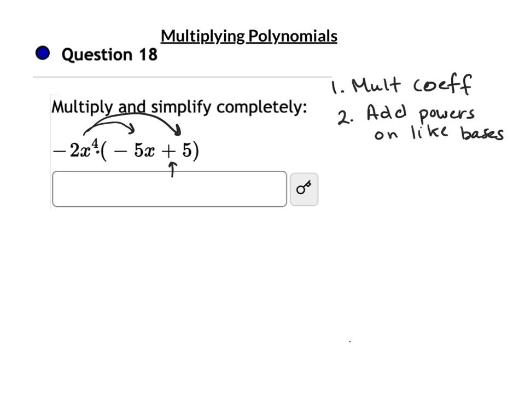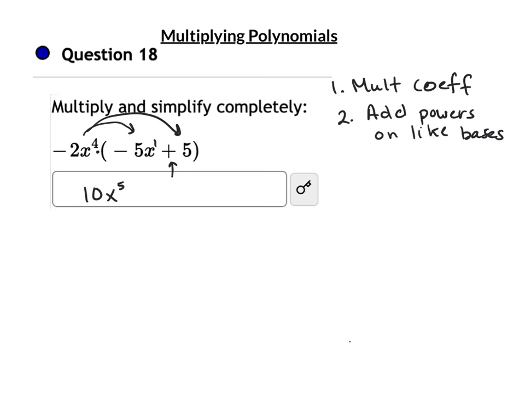First, we'll take -2 times -5, and that's going to make +10. Then we'll take x to the 4th times x to the 1st, and that'll make x to the 5th.